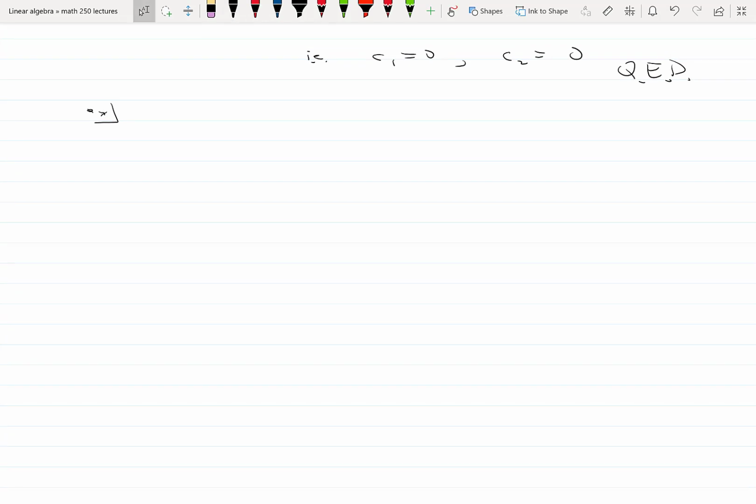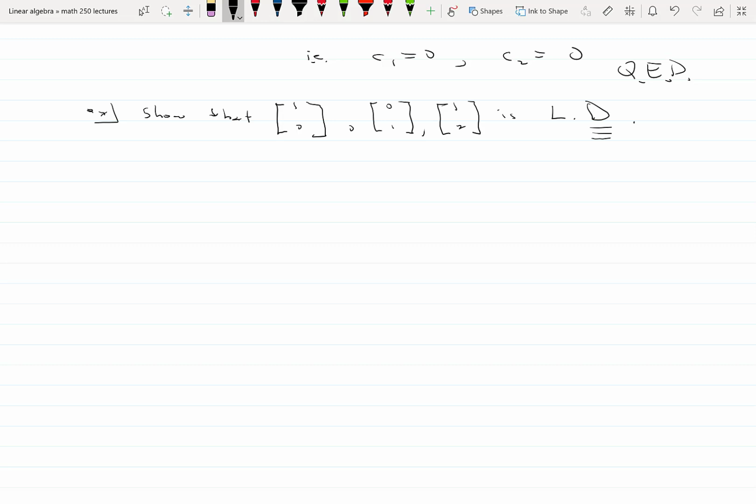So let's show that the larger set, the set that contains (1, 0), (0, 1), and (1, 2), is linearly dependent.